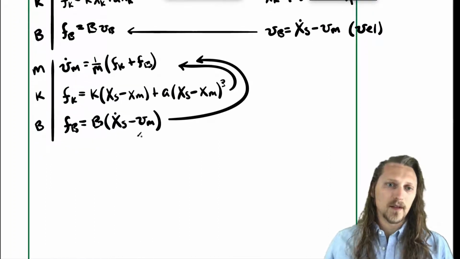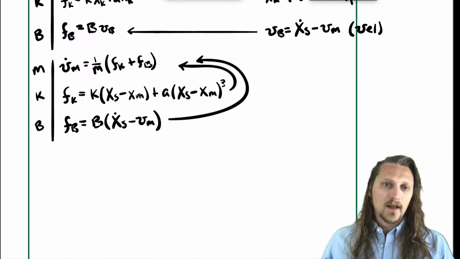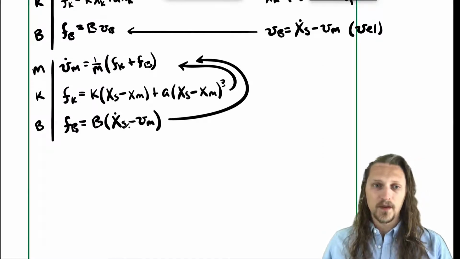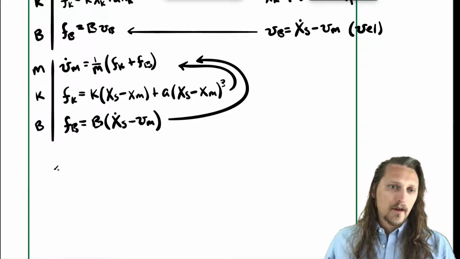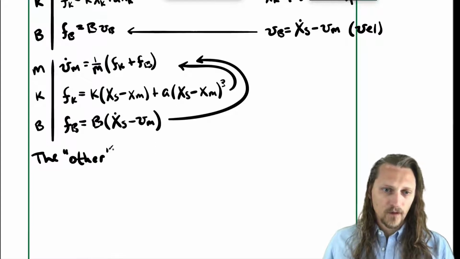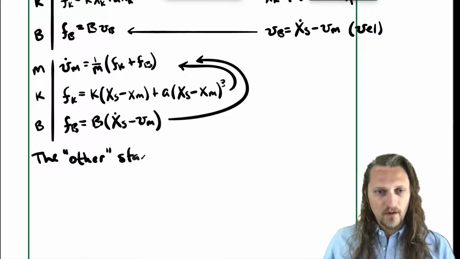So that'll eliminate everything except xm, vm, and xs, and then there's a time derivative of our input this time, xs dot. So rewriting this, we'll call this the other state equation.